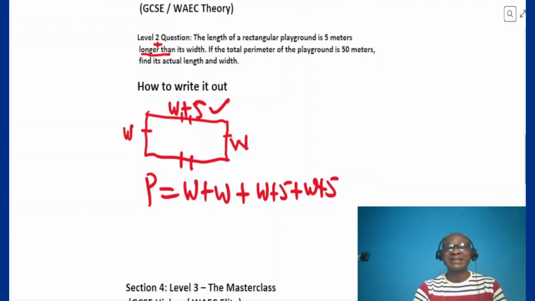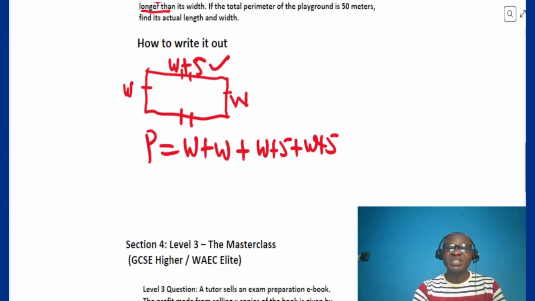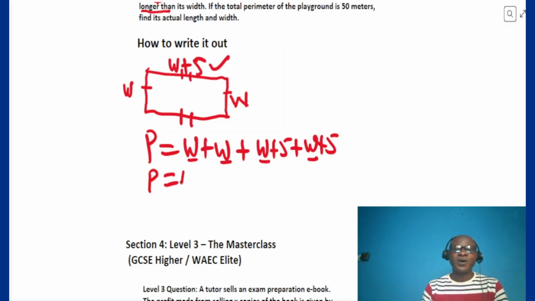So going by that, remember we are interested in this question to find the width and the length of this rectangle. What do I do now? Perimeter, therefore, will be equal to W plus W is 2W, plus another W is 3W, plus another W is 4W. So I got 4W here.